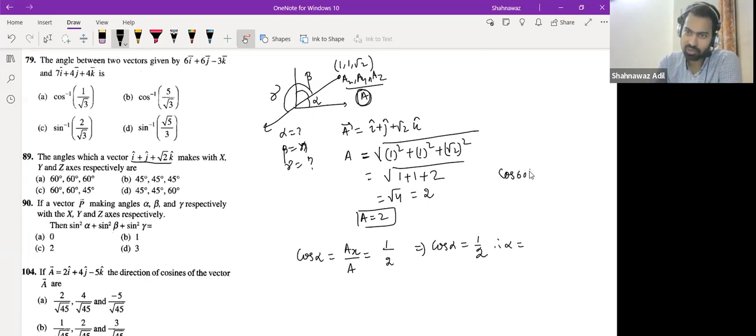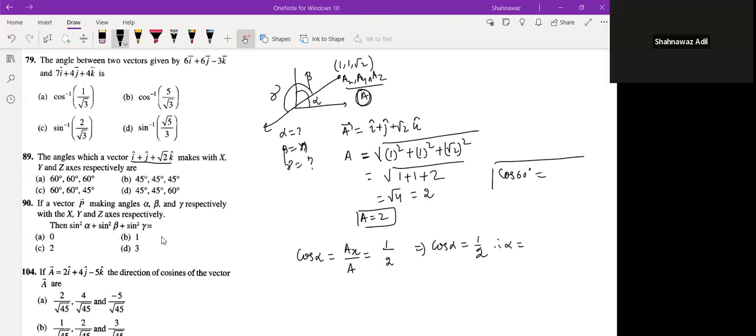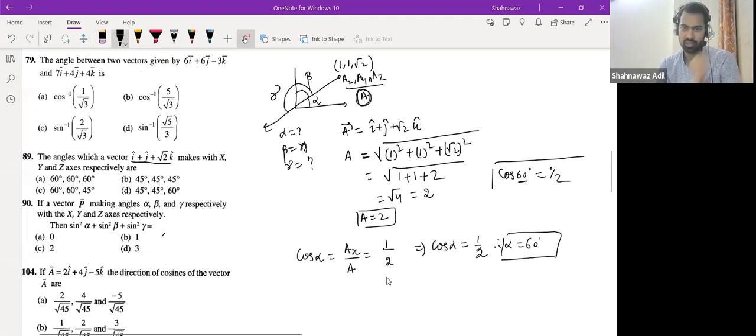Cos 60 is how much? Yes, 1 by 2. So theta is 60.